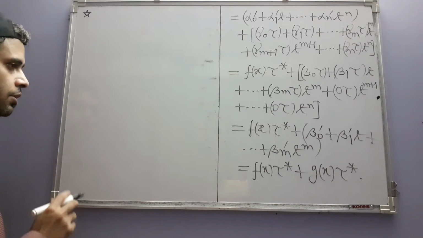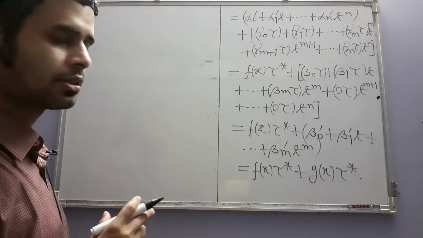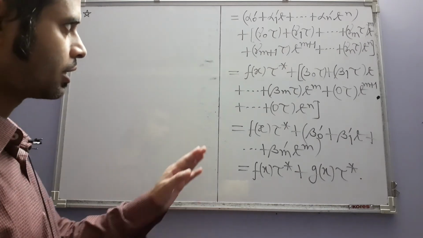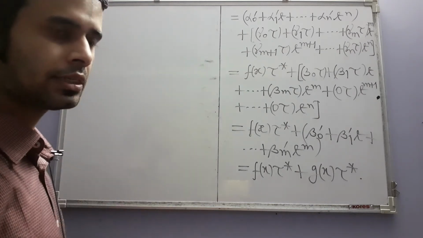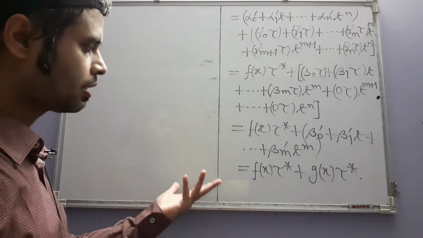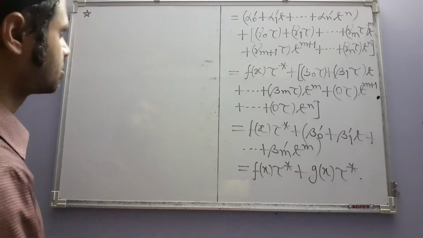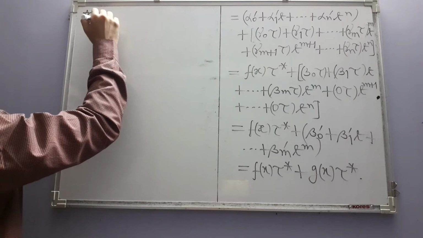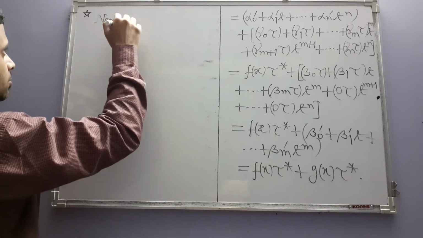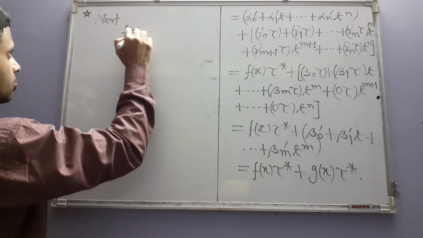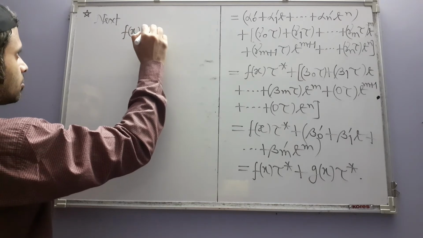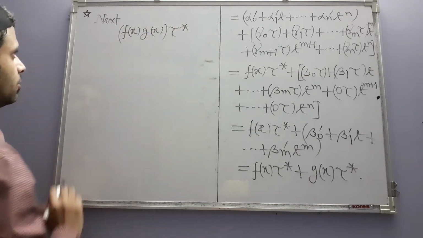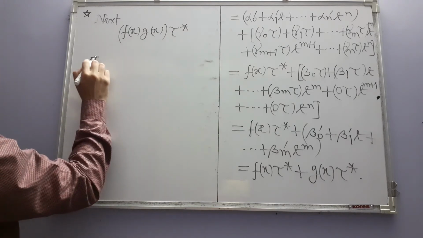Now next we want to show that tau star respects multiplication. For multiplication, however, we don't need these gamma i's. We can just simply work with the original f(x) and original g(x). So next we want to first of all calculate this product, and then on the product we want to apply tau star.